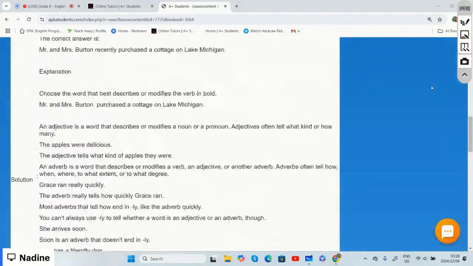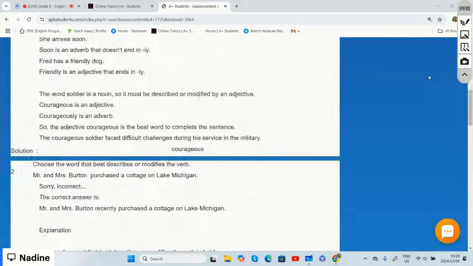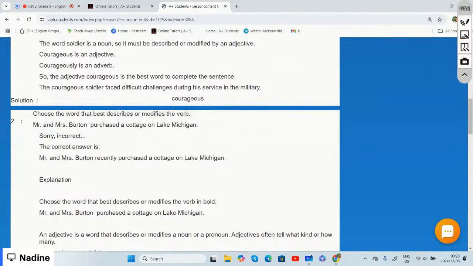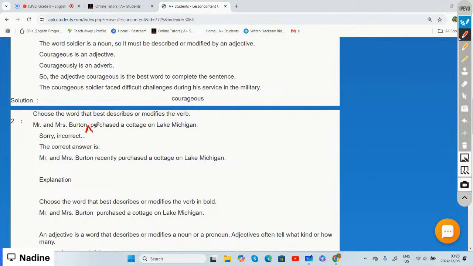All right. Let's look at the next one. It says Mr. and Mrs. Burton. We need to add a word over here. Do we say they recent purchased a cottage on Lake Michigan, or do we say they recently purchased a cottage on Lake Michigan?